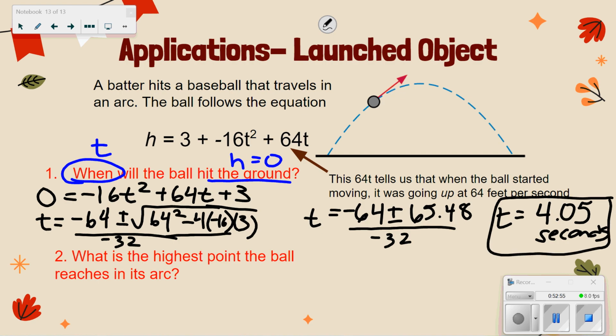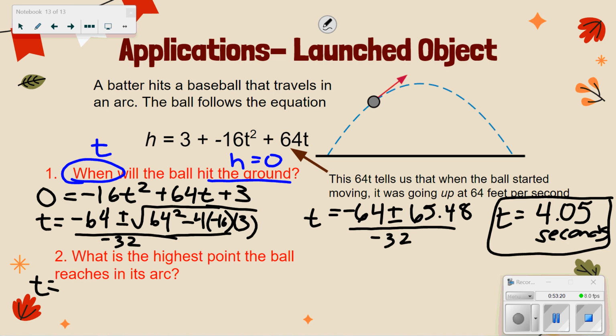All right, good. So now we want to know what's the highest point the ball reaches in its arc. What does that highest point correlate to? What vocabulary term? The vertex. So the highest point, meaning I'm going to use my vertex. I need to know that x value, or t, is going to be minus b over 2a.